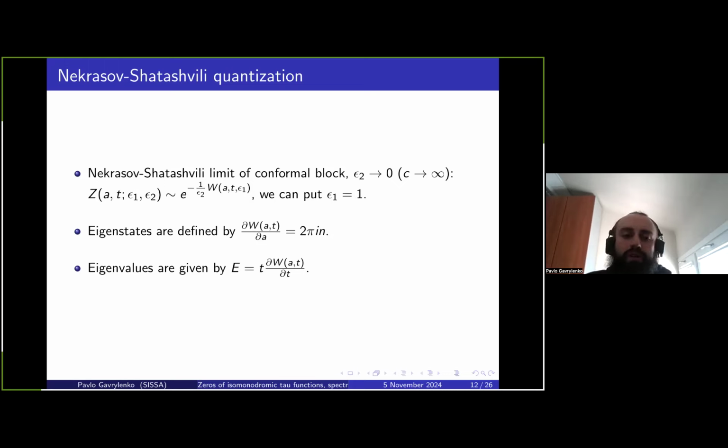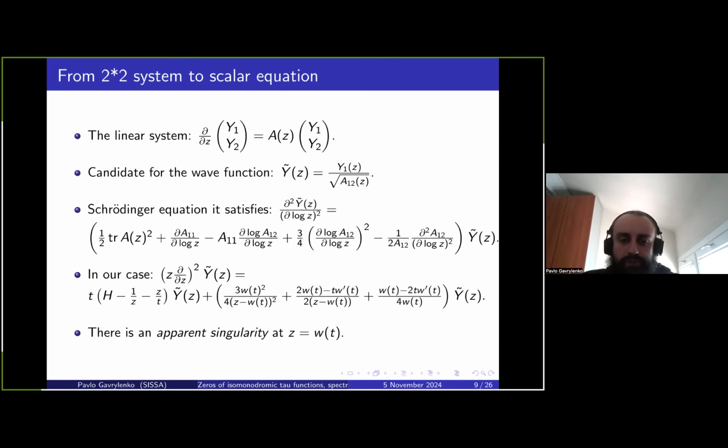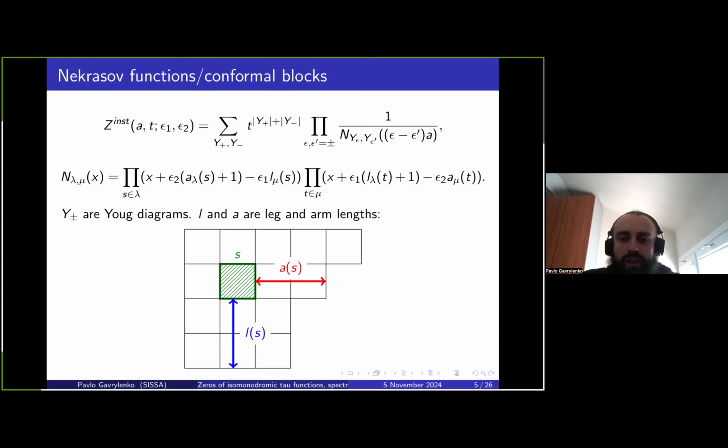We have this Nekrasov partition function that comes from the gauge theory. I can maybe go back and show the formula again, although it is not used here, but explicitly. So the formula is this, and there is some instanton partition function, which is some explicit series dependent on two epsilons.